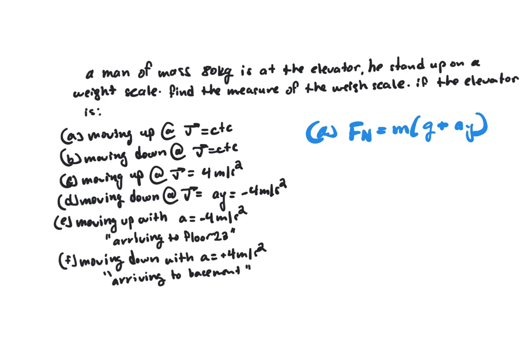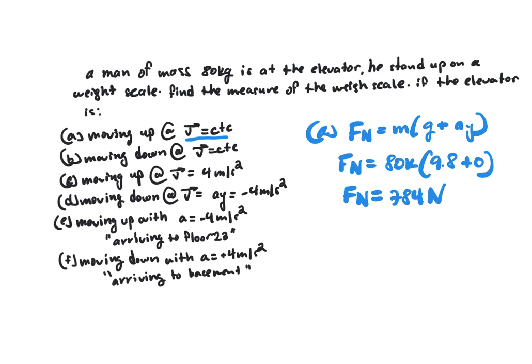So Fn is 80 kilograms times 9.8, because the acceleration, they're saying that velocity is constant. Since velocity is constant, acceleration is 0. When we do this, we get Fn is 784 newtons.